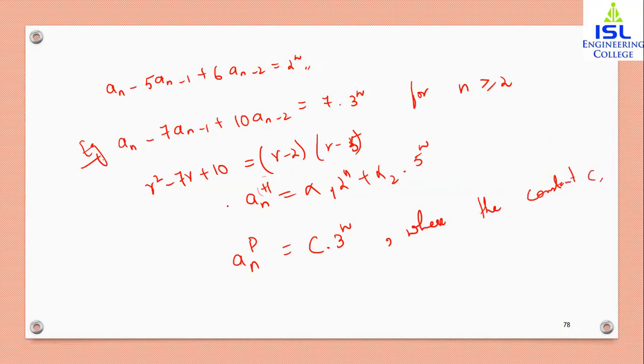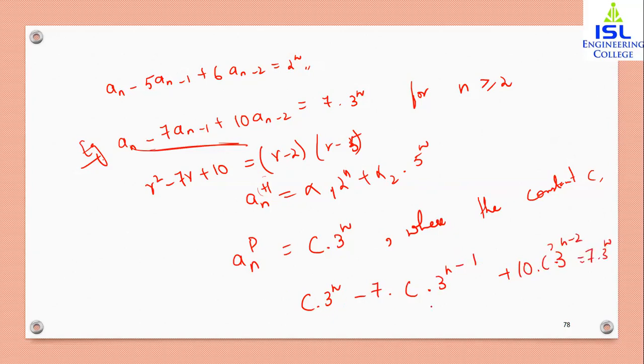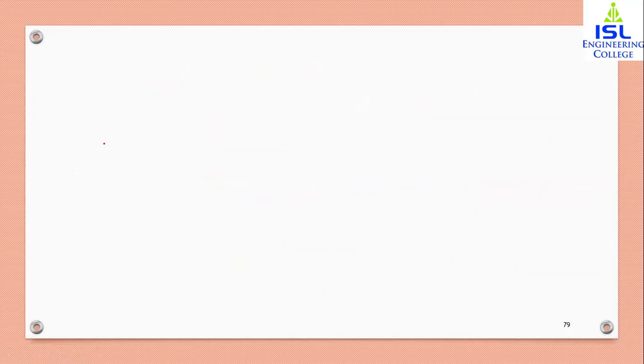So substituting c into 3 power n in our equation: c into 3 power n minus 7c into 3 power n minus 1, because a n minus 1, plus 10 into c into 3 power n minus 2 is equal to 7 into 3 power n. Now if we take c into 3 power n minus 2 common, this will be equal to 3 square minus 7 into 3 plus 10.